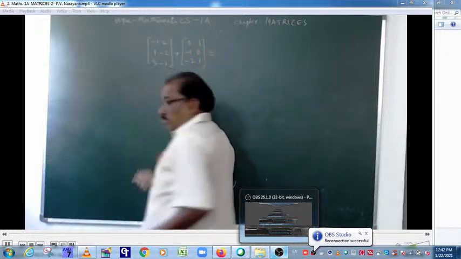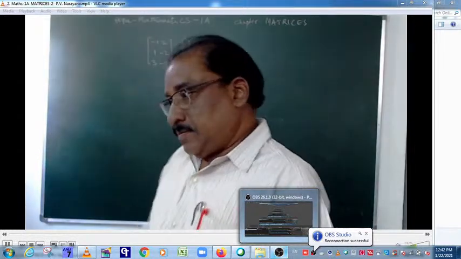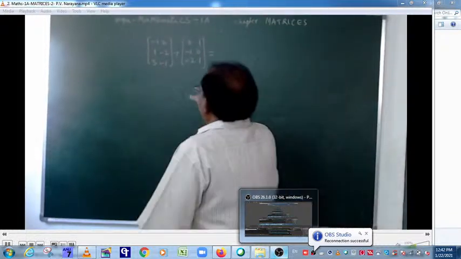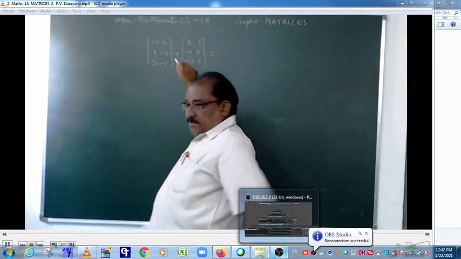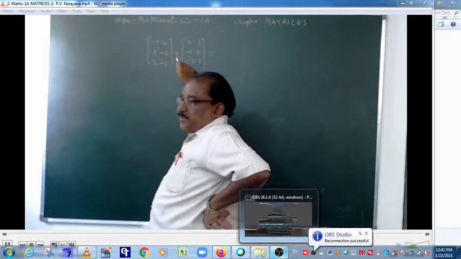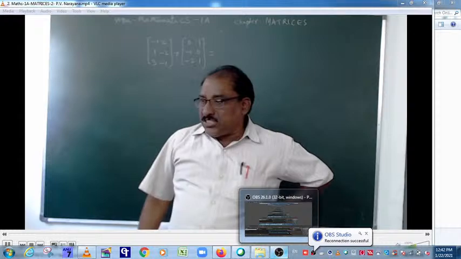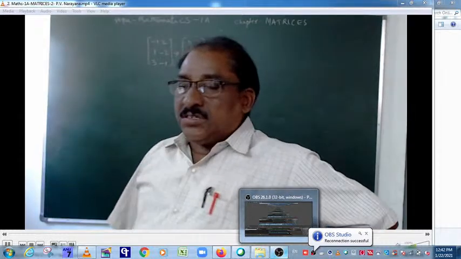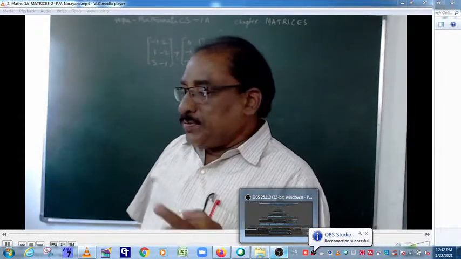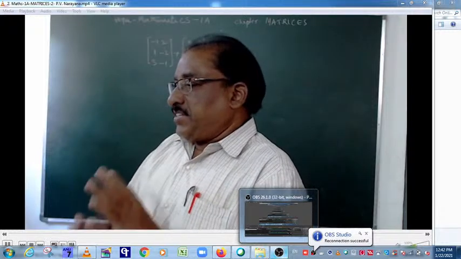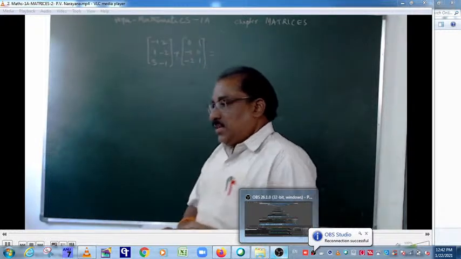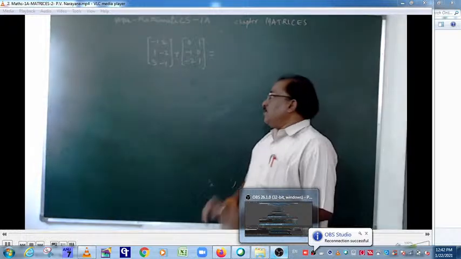This is a simple problem. Now what is it saying? Plus, that means addition. Addition is possible if the matrices are of the same order.